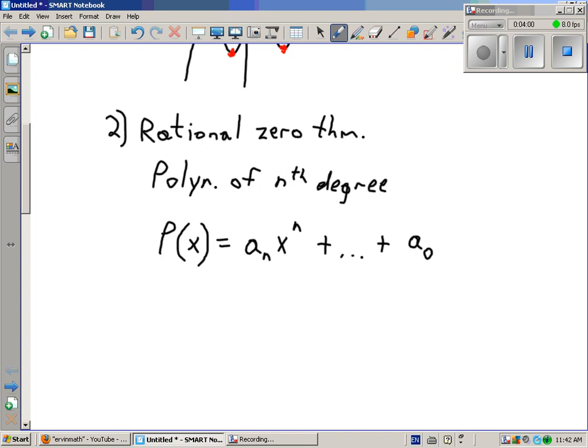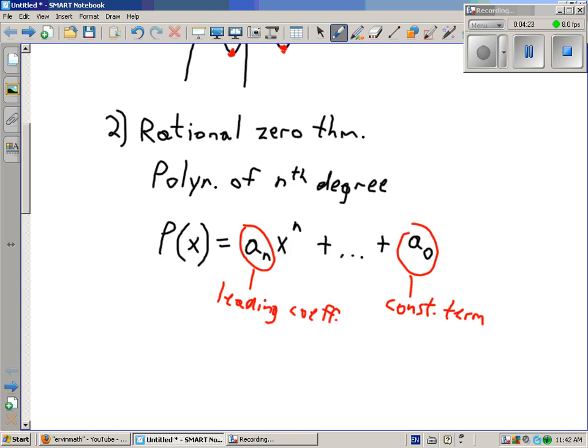So we have our constant term at the end, a sub 0, right here. Constant term. And we have our leading coefficient right here. And those are the numbers that we're looking at. Everything else we are setting aside for a little while.